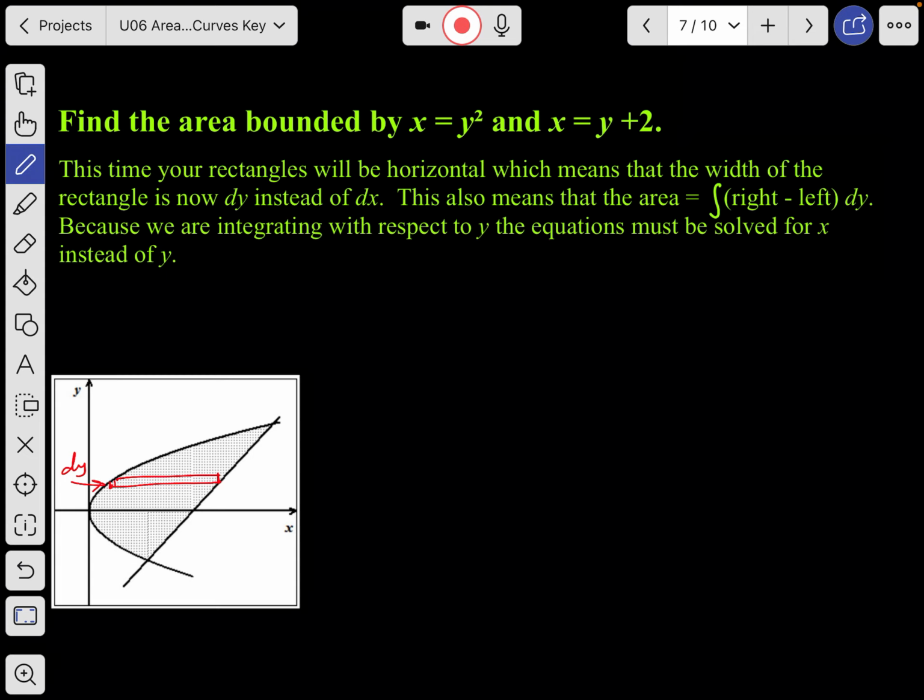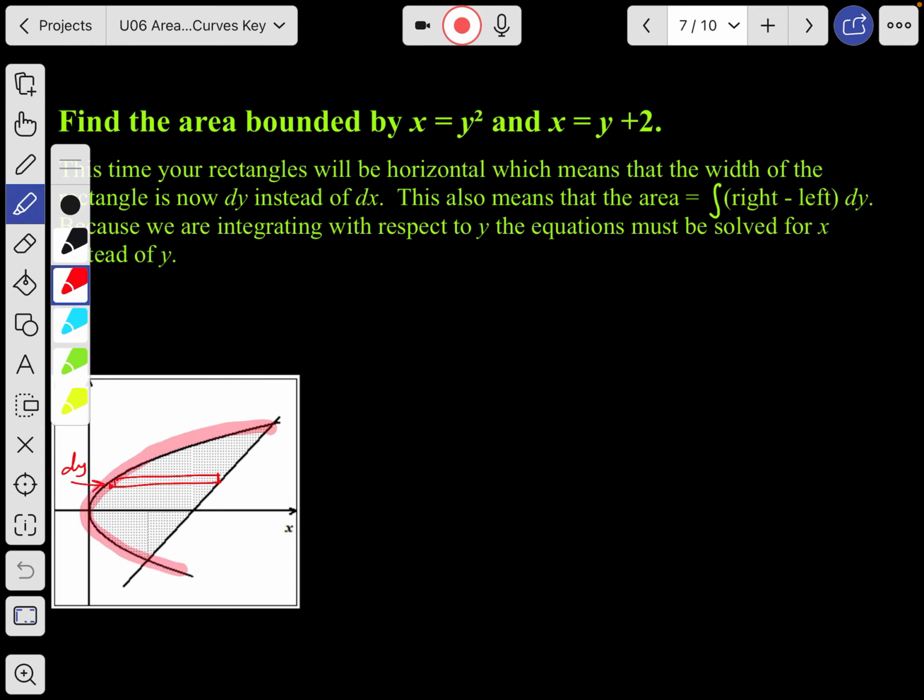Rectangles will go horizontally because this time the bottom function is going to be x equals y squared, which is this curve right here. And when we say the bottom function, I mean the left function if we're going horizontally. And then the right function will be the linear function, x equals y plus 2.